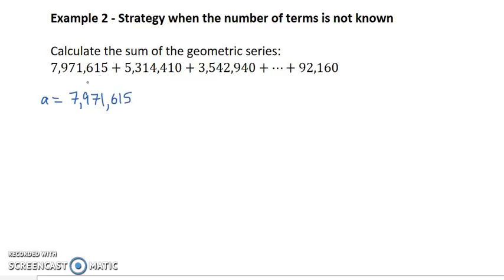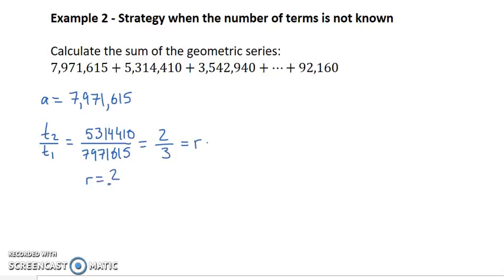The second term is 5,314,410. And so using those two terms, if I go T2 divided by T1, 5,314,410 divided by 7,971,615, that gives me 2 over 3. And so that is the R value. That means R is 2/3.